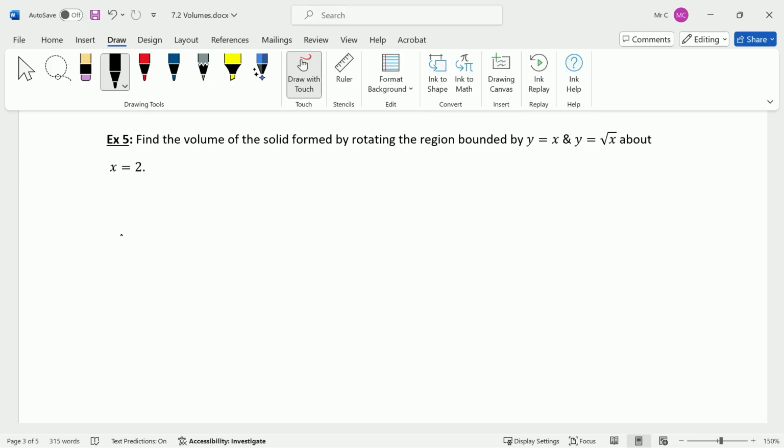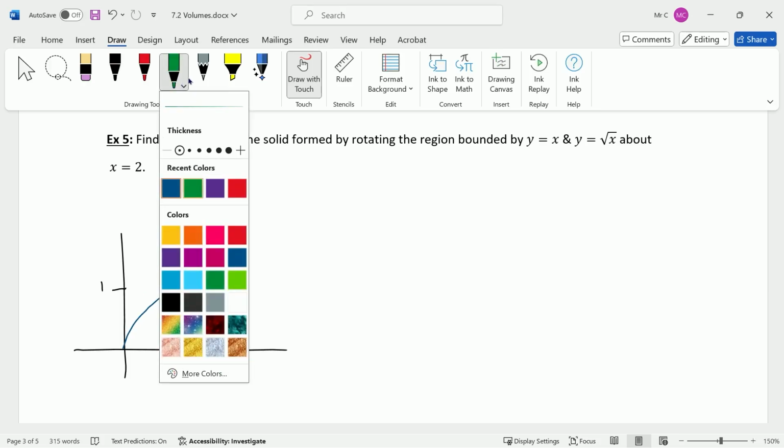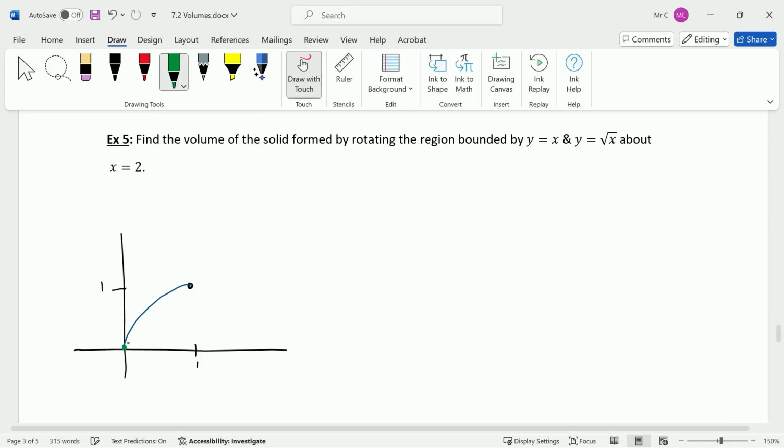So here's the trick. First of all, our region looks exactly the same, so I'm not going to recompute the intersection points and all that here, because it's the same graph. But this time, I'm rotating about this y equals 2 line.